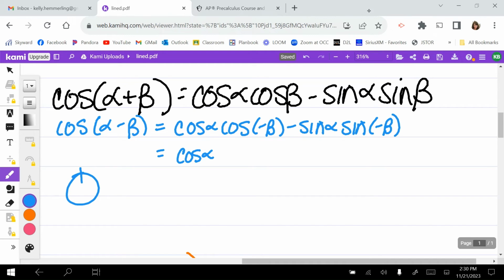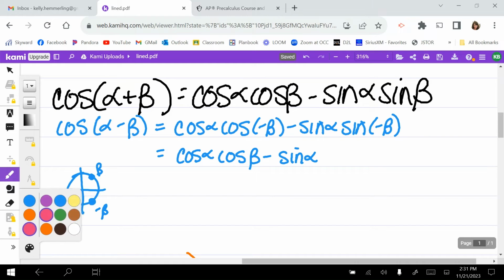and thinking about this again, if beta is negative, its cosine will be the same as the cosine of positive beta. So we'll just change this to cosine of beta minus sine of alpha. But again, the sine of negative beta and the sine of positive beta are opposites.